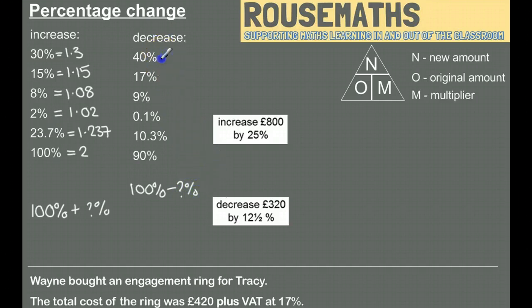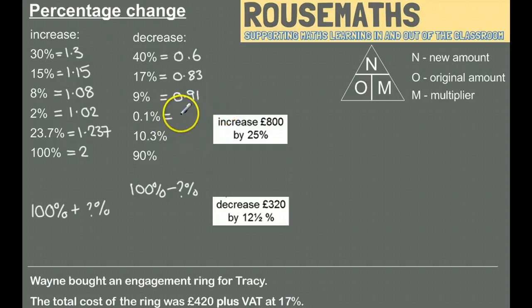So for this one, 40% decrease will leave us trying to find 60%, and that's what 60% is as a decimal. If it's a 17% decrease, we're going to be left with 83% to find. If there's a 9% decrease, that means we want to find out the 91% that's left.